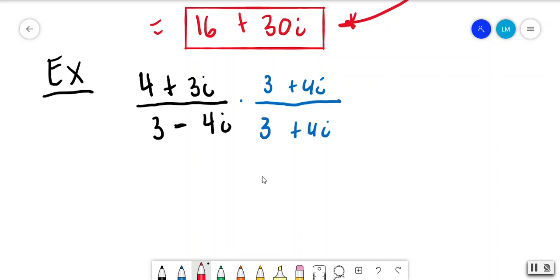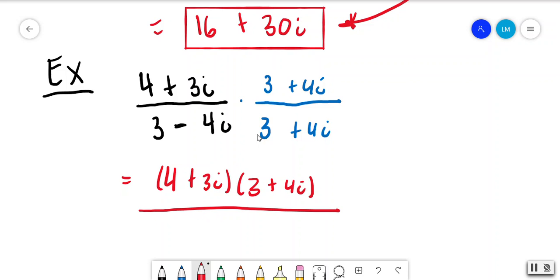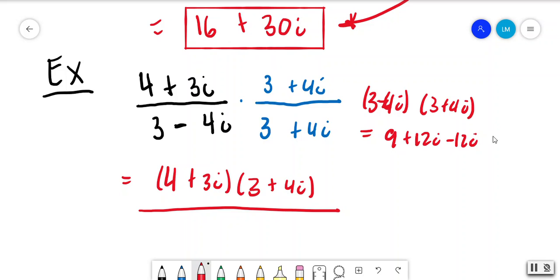So note that when you multiply, you have 4 plus 3i multiplied by 3 plus 4i, and all of this is divided by 3 minus 4i multiplied by 3 plus 4i, and then you get 9 plus 12i minus 12i minus 16i squared.